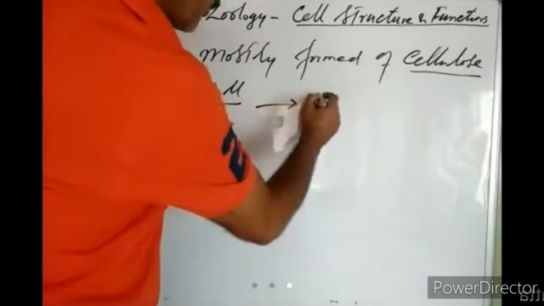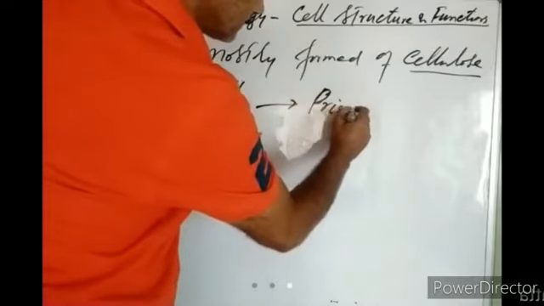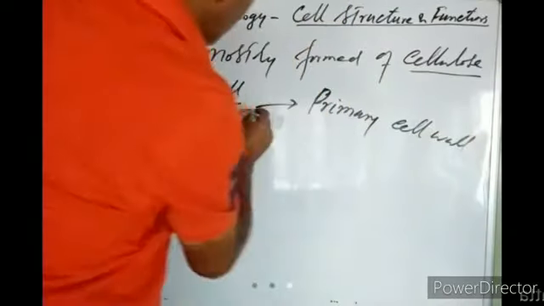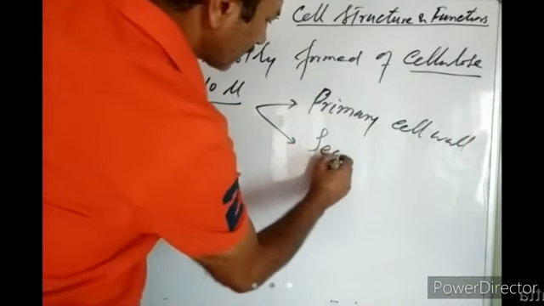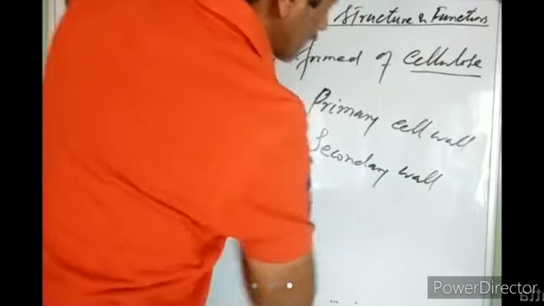This cell wall is laid in two or three layers. Mostly it is present in two layers. One layer is known as the primary cell wall, and another is known as the secondary cell wall. First the primary cell wall is formed, followed by the secondary cell wall.